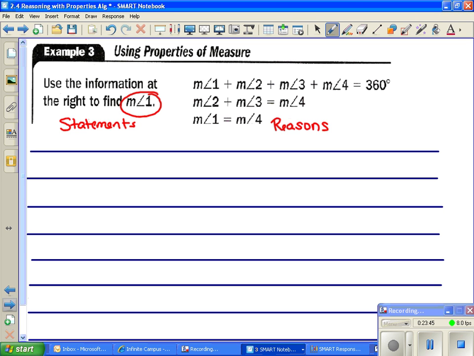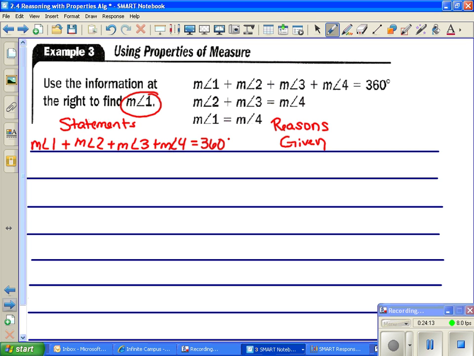I like putting it all on top, just so that I can use it anytime I think of it. So I know the measure of angle 1 plus the measure of angle 2 plus the measure of angle 3 plus the measure of angle 4 equals 360 degrees. Okay? I'm going to start with that, and the reason that I wrote it is because it's given.